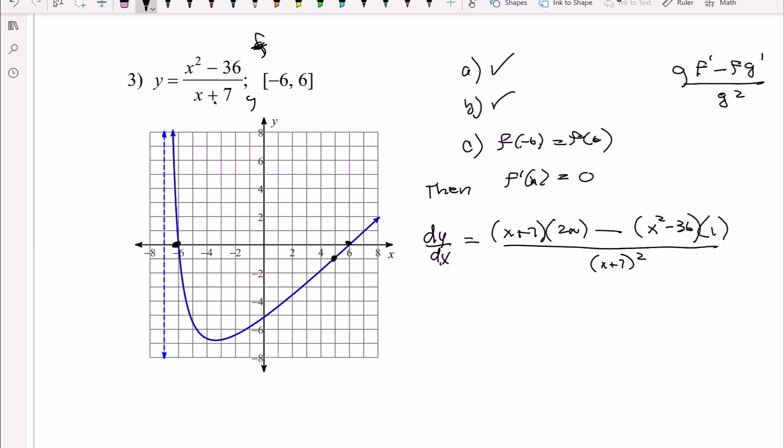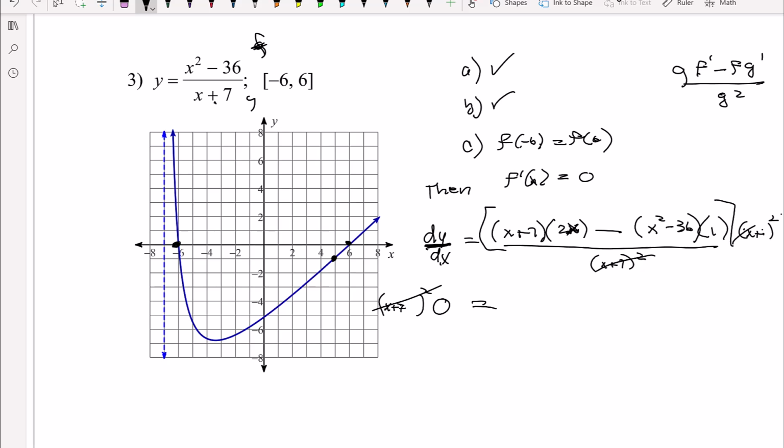The cool thing here is, remember, we're going to set this derivative equal to 0. So when we multiply both sides by x plus 7 squared, it won't matter. We can just ignore this lower piece and solve the numerator.